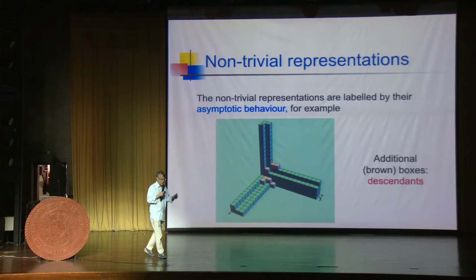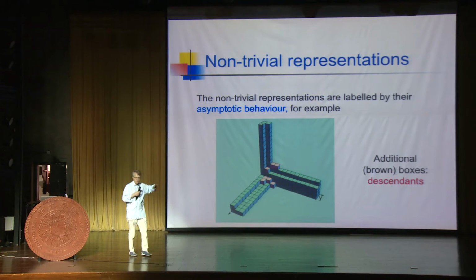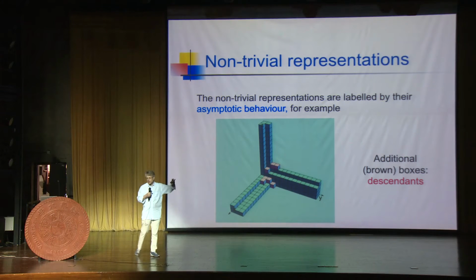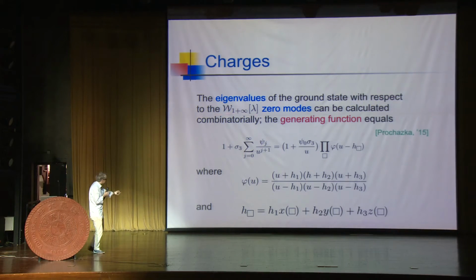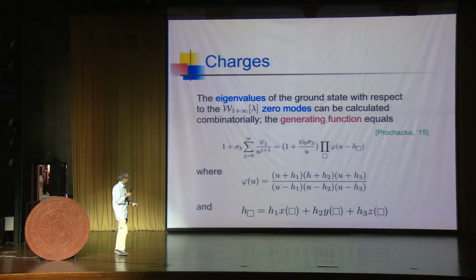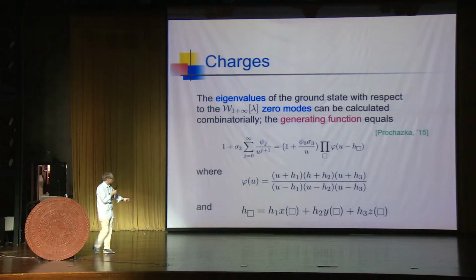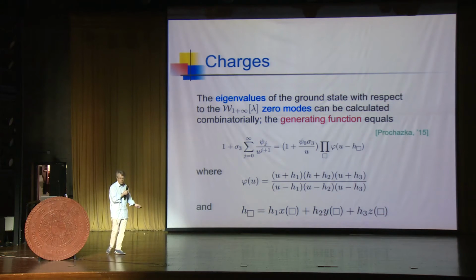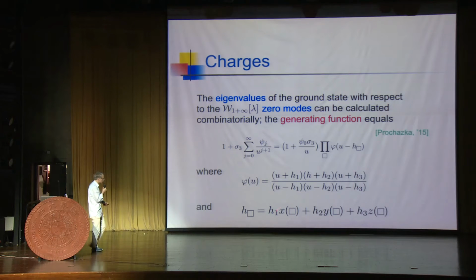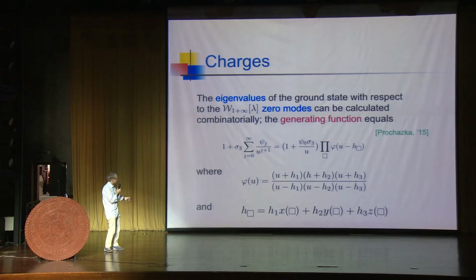What this really tells you is that the affine Yangian has a nice action where all of these zero modes are diagonal, unlike the usual W infinity algebra, where the action of the zero modes is very complicated. In particular, the eigenvalues on the ground states can be written down in this form. And what you observe is that they really depend on h1, h2, h3 in the way that you take the product over all the boxes, you take the x component, the y component, and the z component of the corresponding box, you multiply them by h1, h2, h3, and that's the coefficient that appears inside this function.